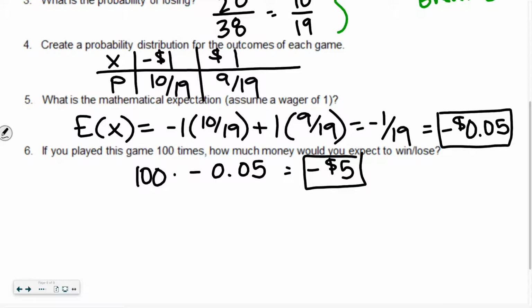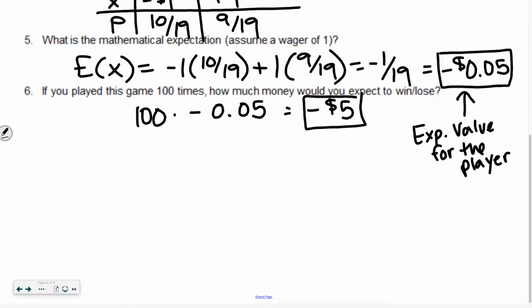Now, I do also want to say another thing, because you'll see this language later on. This is your expected value for the player. Like the player is expecting to lose over time. You might sometimes see or read about expected value for the house.